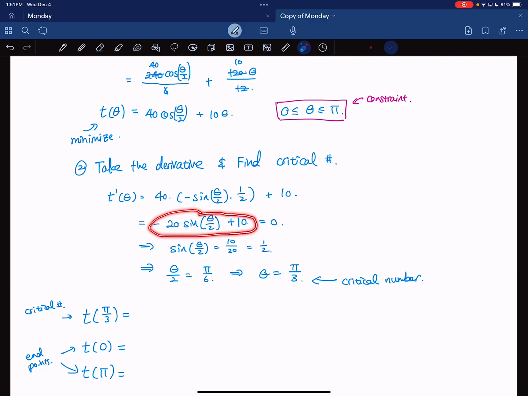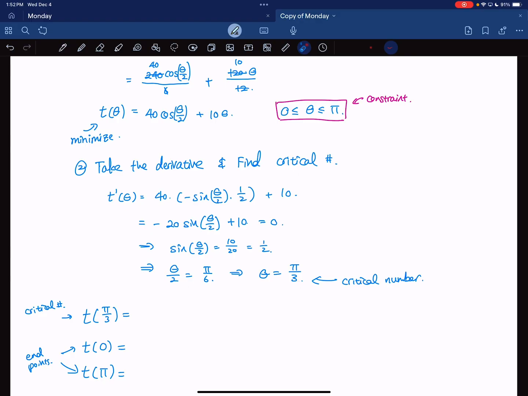I set it equal to 0 to find a critical number. And when I set it equal to 0, I have sine theta over 2 is equal to 10 over 20, which is a half. So that tells me that theta over 2 is equal to pi over 6, or 30 degrees. In other words, theta is equal to pi over 3. And this is my critical number.